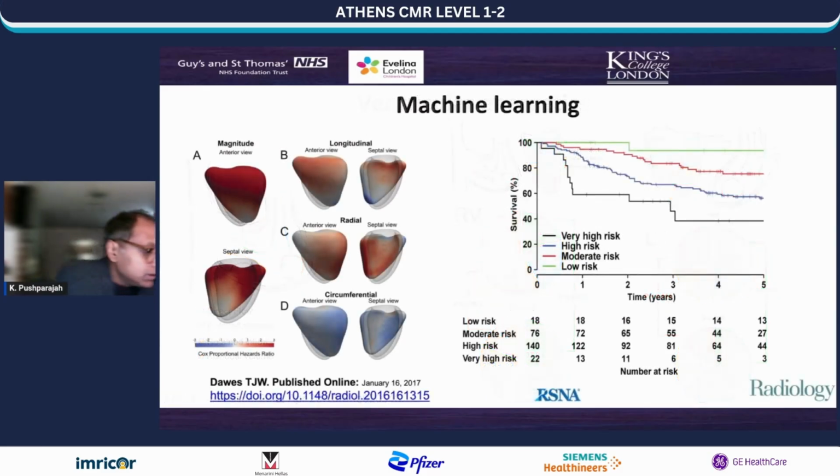I would like to catch up a bit on time, so I'm going to run through these slides to say that you can use large data and look at different means of shape characteristics in large populations of patients to help you risk stratify.